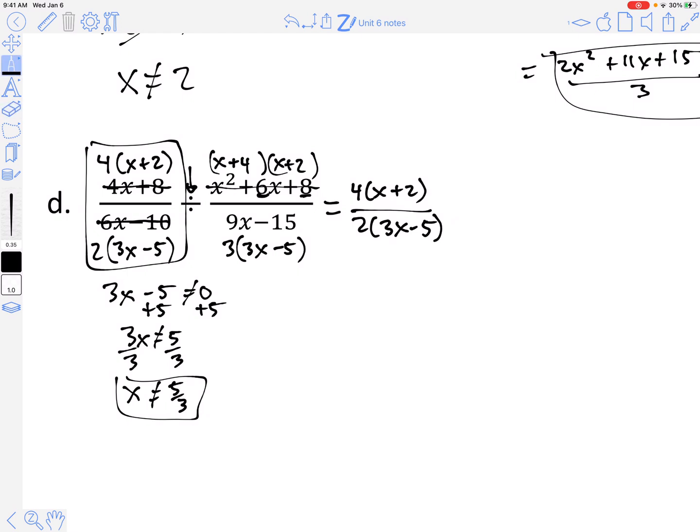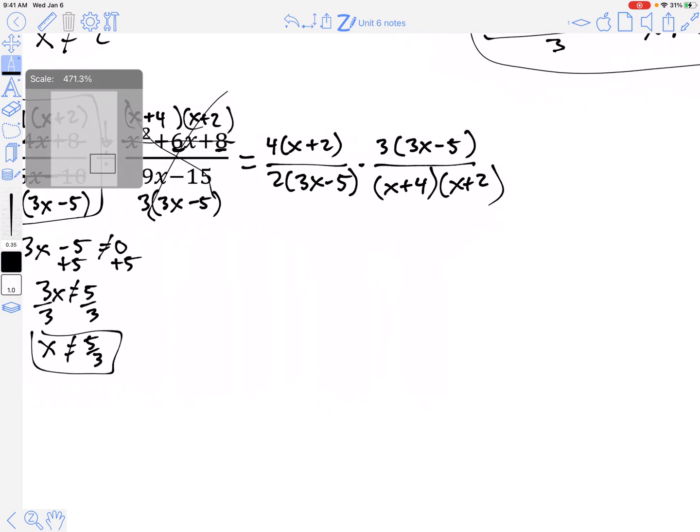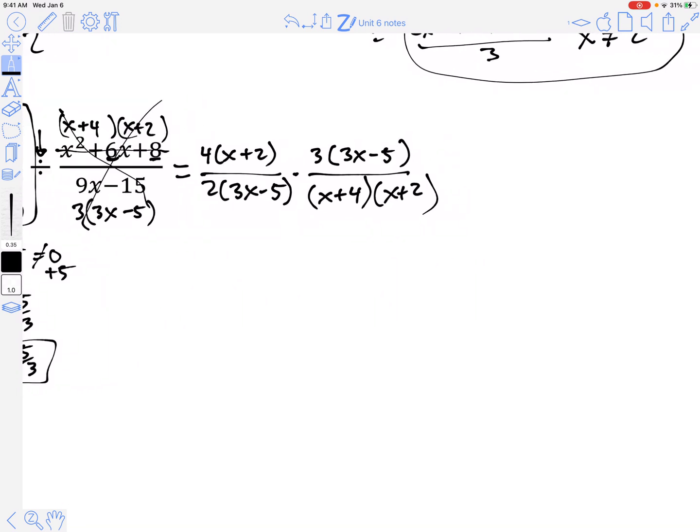Okay, so multiplying by the reciprocal is what we need to do. Okay, all right, so I flipped those, I'm done with that. Great. But we have an issue, right? We just created a new denominator in this problem.